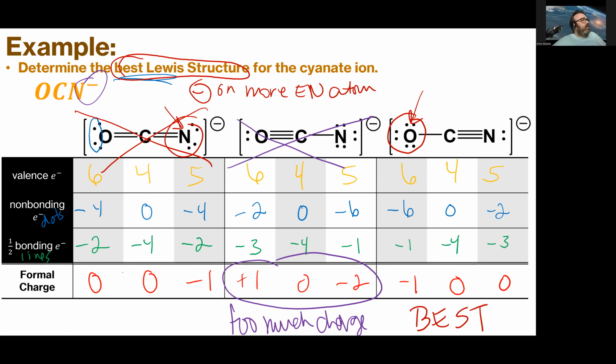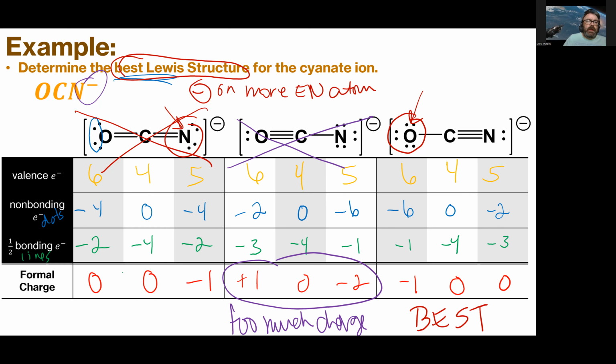If we're just looking for a valid Lewis structure, it doesn't say anything about best, then you can do just anything that obeys our guidelines for Lewis structures. So make sure everybody has an octet that needs an octet. If it has more than 8 on the octet, it needs to be period 3 and higher, and all that stuff that we've already talked about.